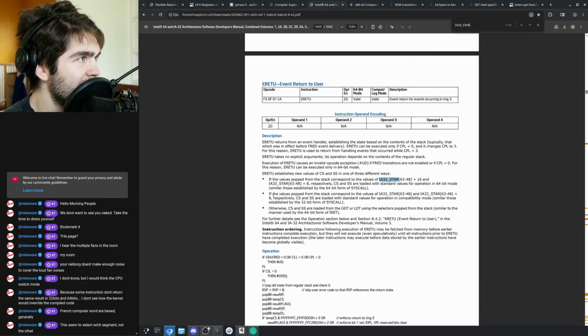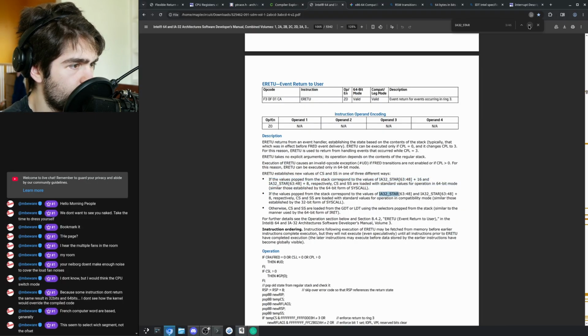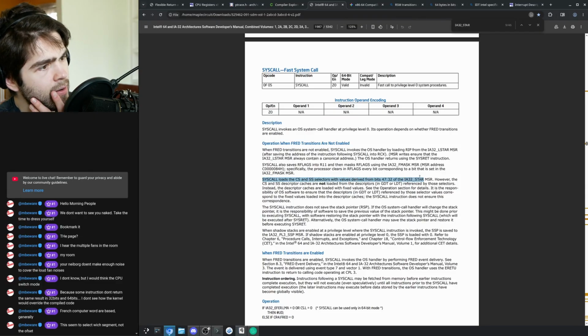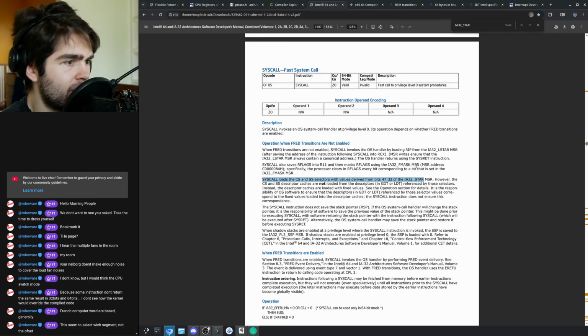Okay, back in this. We're in FRED right now, while being in the 64 manual. If the value popped out of the stack corresponds to the value of IA32_STAR plus 16. Okay, not sure if it helps me in any way. Operation when FRED transitions are not enabled: SYSCALL loads the CS and SS registers with values derived from bits 47:32 of the IA32_STAR MSR.